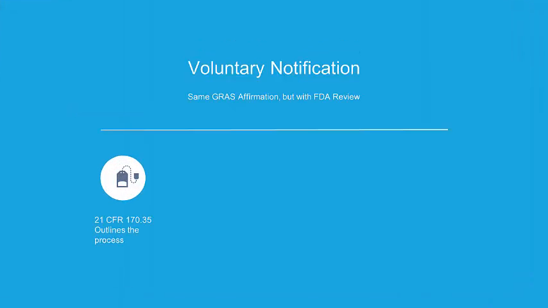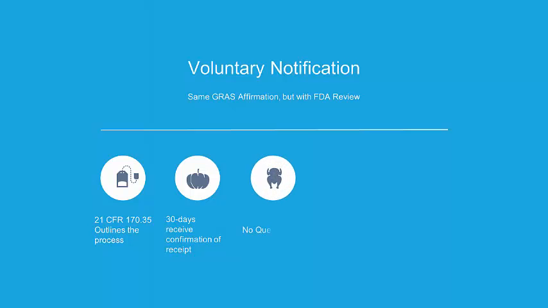So we've alluded to it in the voluntary notification process. It's the same GRAS determination, the same GRAS affirmation that you're going to make for yourself if you're not doing the notification. It's just with FDA review. 170.35 outlines the process. Essentially, it's pretty basic. There's going to be a 30-day confirmation of receipt, at which point the FDA will review and either say there are no questions, it's incomplete and they need more information to make a determination, or that the notifier, the party that wants that FDA review, requests it to stop.